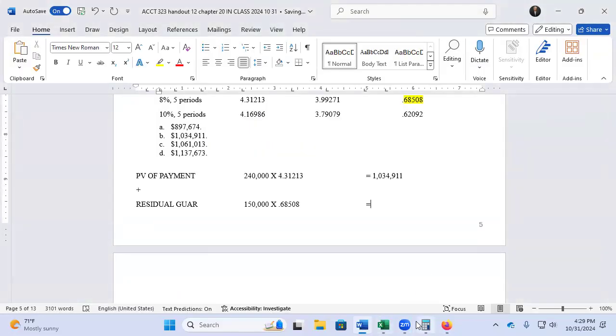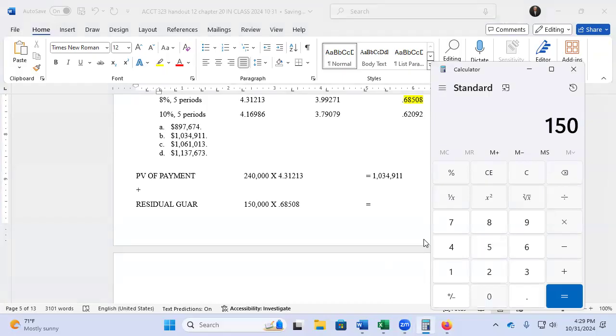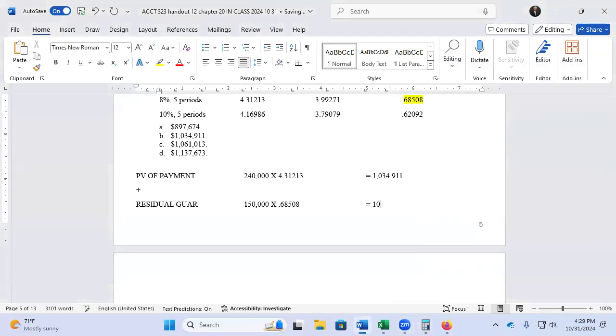I'm just clicking buttons up here. So 150 times 0.68508, 102,762.